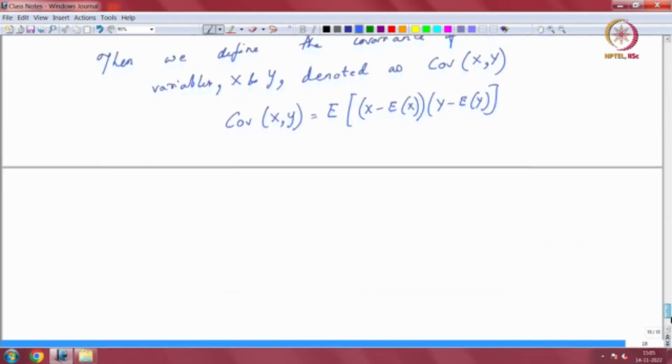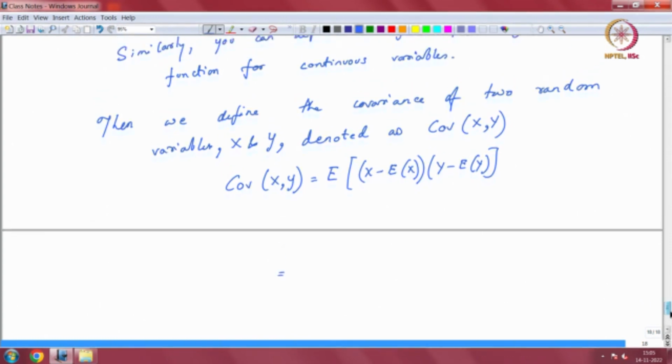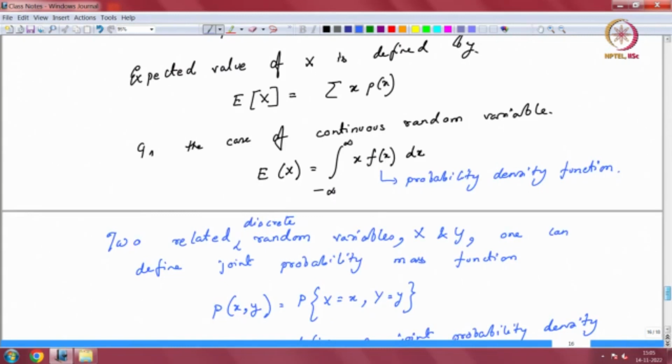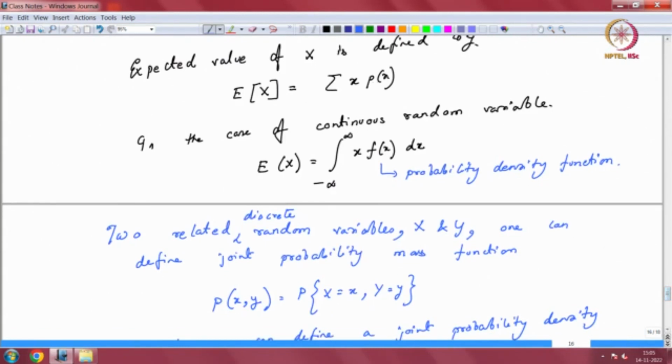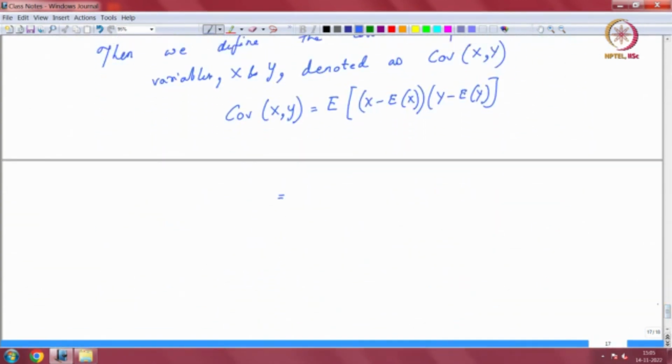Okay, so this is the definition, and you will see that I am writing in capitals. This is consistent with what we have defined before. So, this is the expectation of capital X, and on the right hand side you had the small letter. So, this you can simplify also. You can now write it as expectation of xy minus y expectation x minus x expectation y, plus expectation x expectation y.